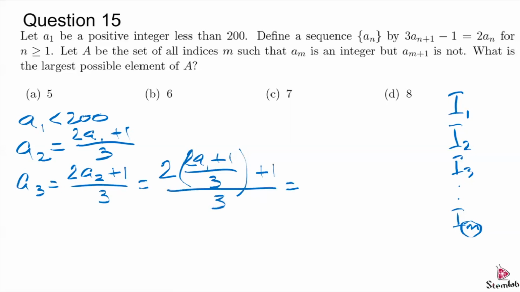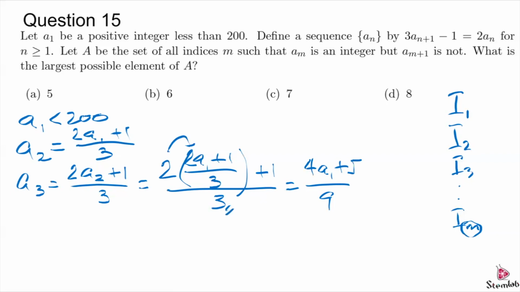Expanding a bit, we get 4a sub 1 plus 5 all over 9. I distributed the 2 and multiplied by 1 over 3 for this guy over here.